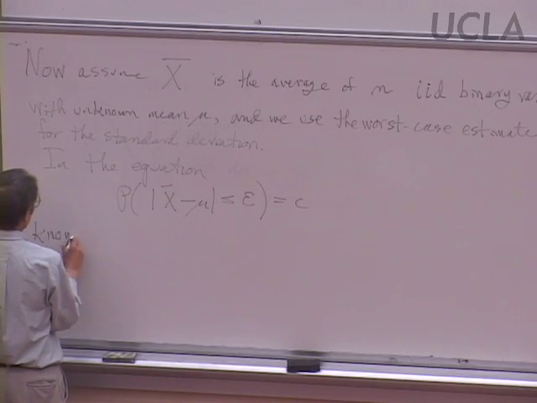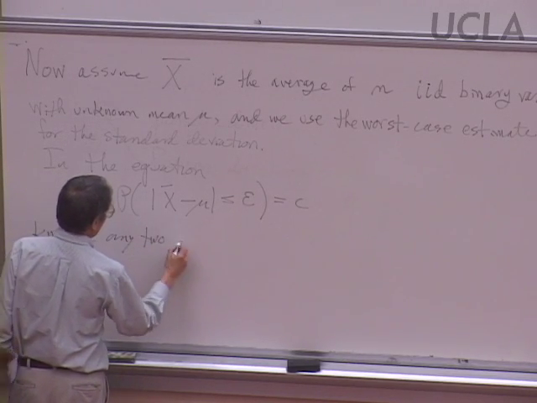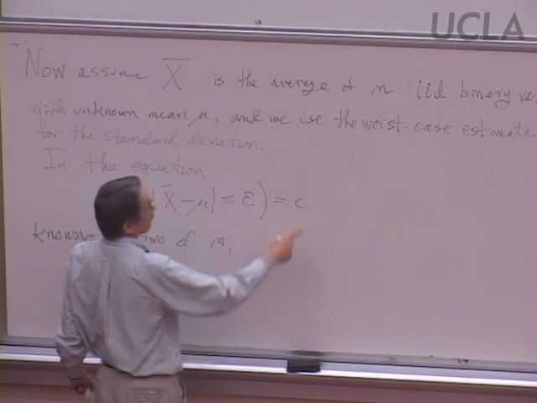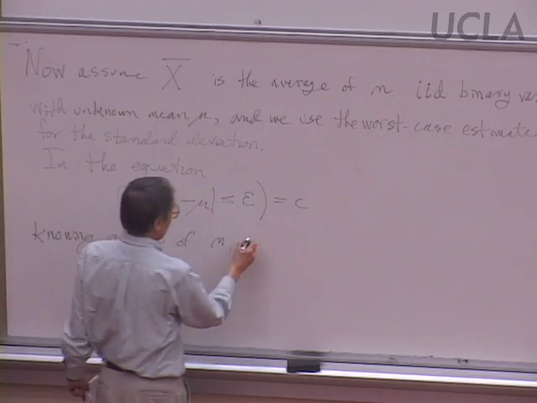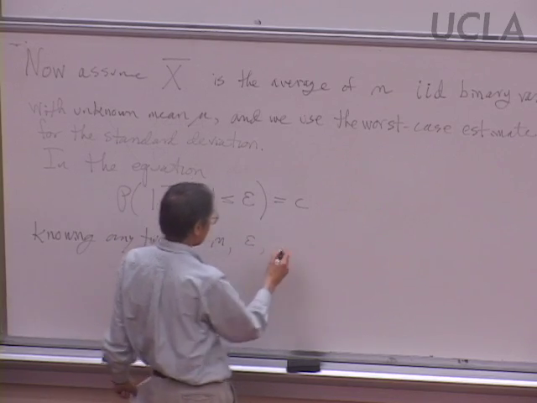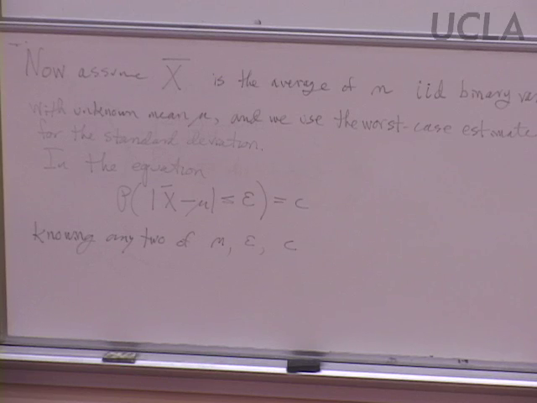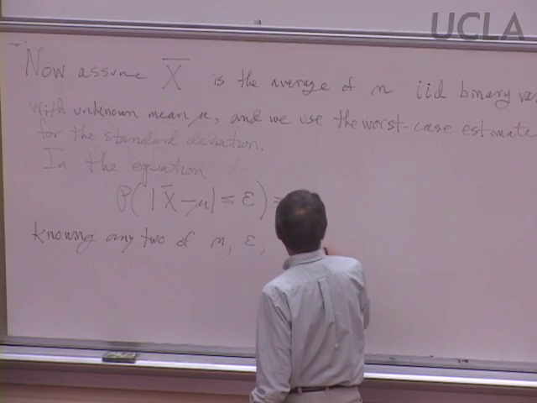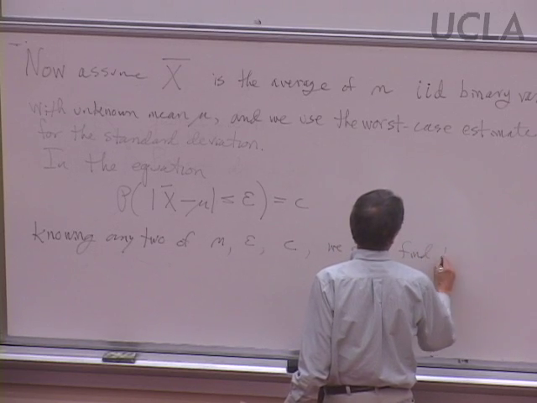But if we know any two of the three numbers n, that's the number of things we're taking the average of, the error epsilon, and the probability c (think of c as standing for certainty, our degree of certainty), we can find the other one.